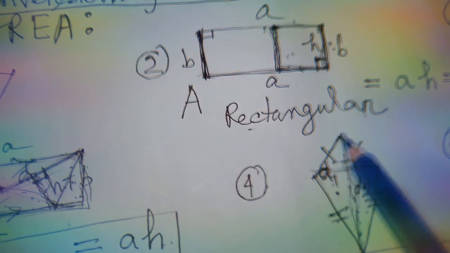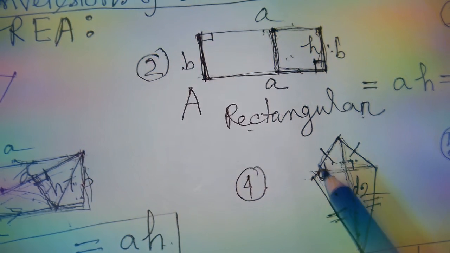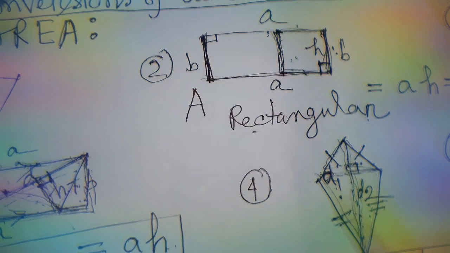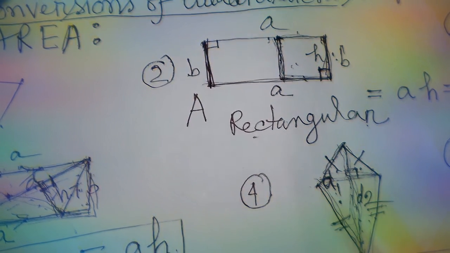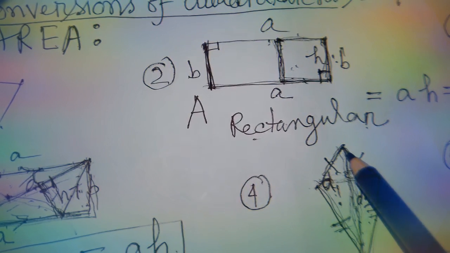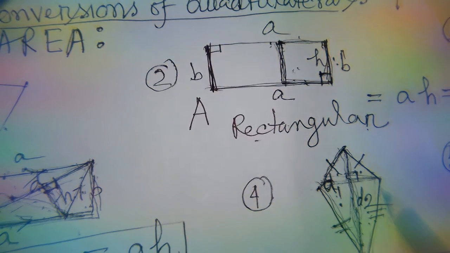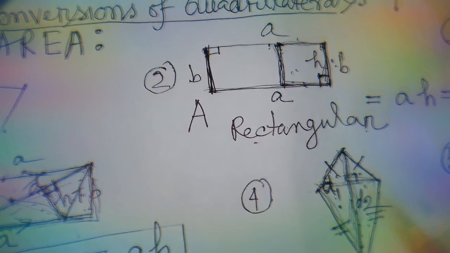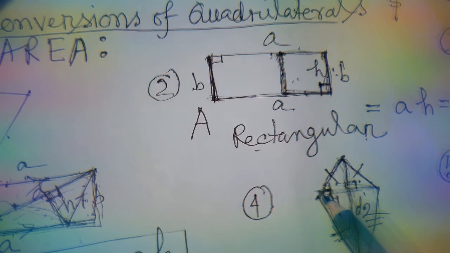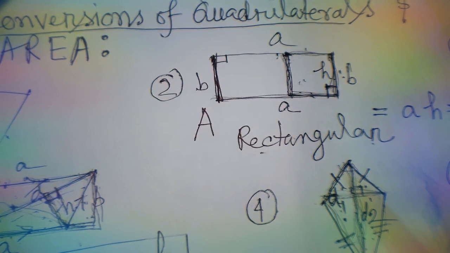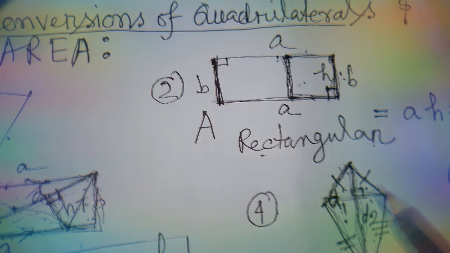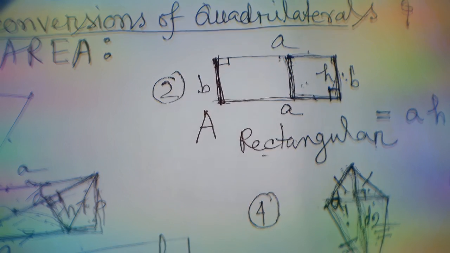Okay, so this area is equal to this area, this whole area and this whole area are equal, but this area and this area are not equal, as well as this angle and this angle are not equal, but this angle and this angle are equal.